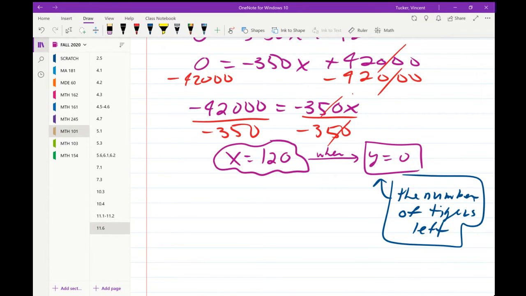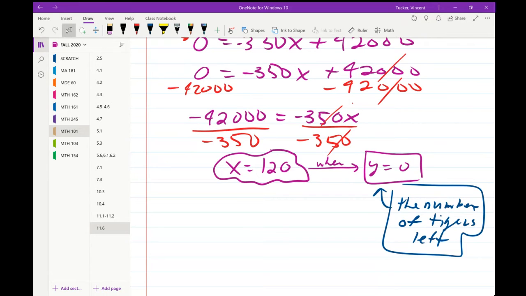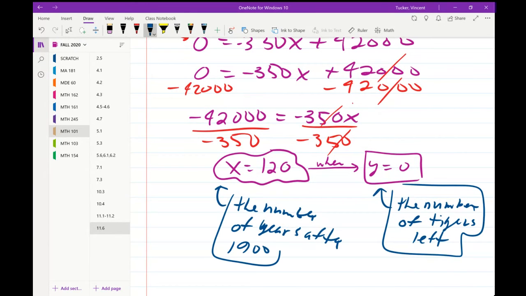All right. So y represents the number of tigers left in India. And don't forget, x represents the number of years after 1900.